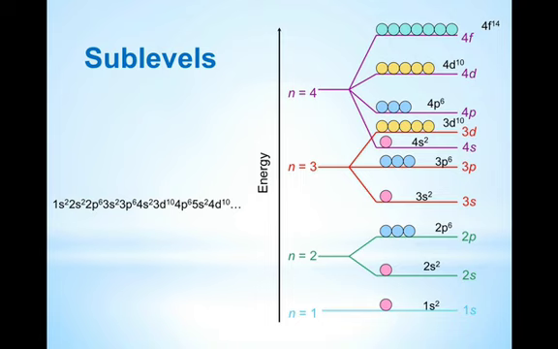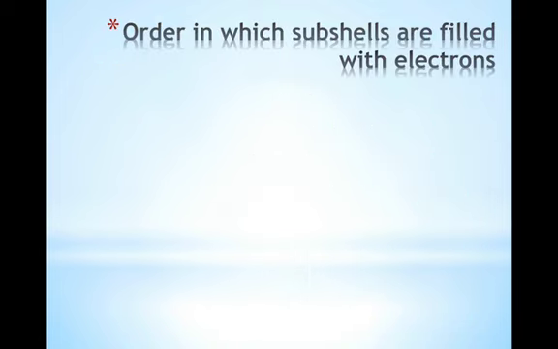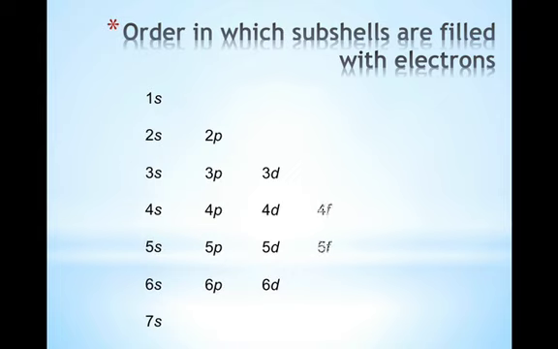Well, now let's look at the diagonal rule. This is the order in which subshells or sublevels are filled with electrons. First, we write our column of s's, then we put in our p's, then our d's, and then our f's. And we begin drawing in our diagonals. We go through the 1s sublevel first, then the 2s sublevel.